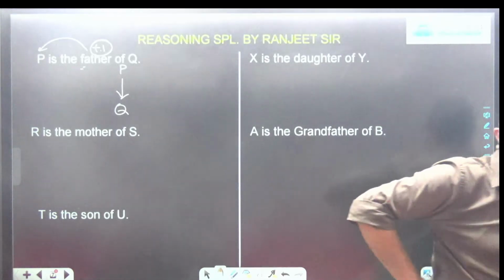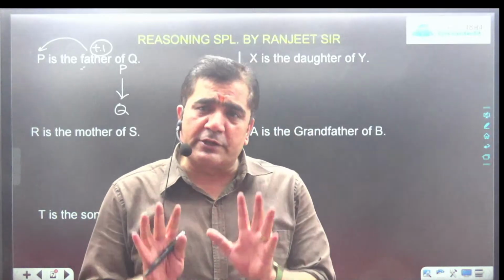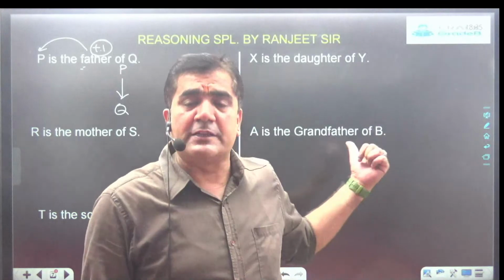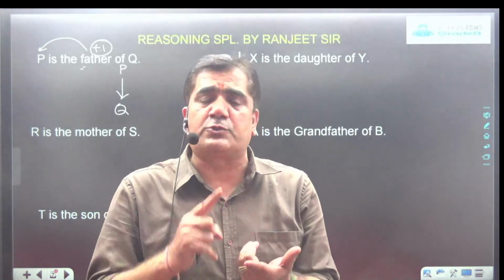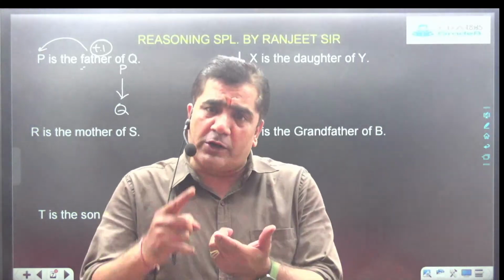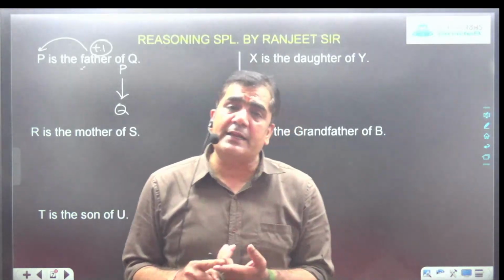At least respond here. Are you able to understand the class? Have you understood the concept of generation gap? Have you understood how to utilize this in plotting the family tree? Because this concept needs to be understood by each and every student. Once you don't understand this concept, there is no point of going for questions. That's why I'm not starting straight from the questions.